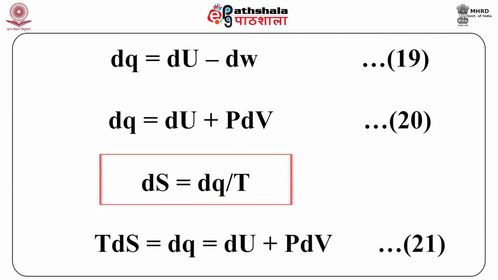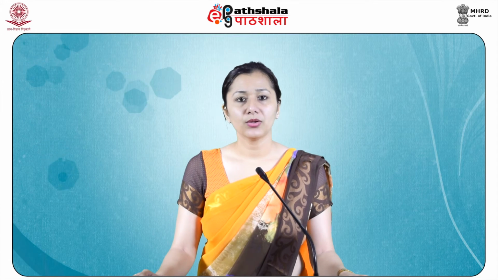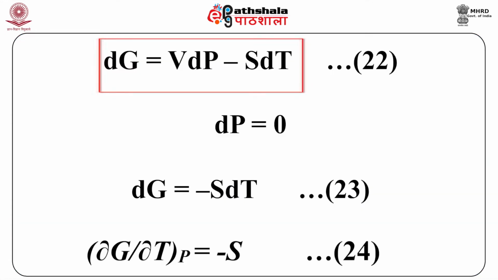Making use of the equation dS equals dq by T, or TdS is equal to dq, which is equal to dU plus PdV as our equation 21. Combining equation 18 and 21, we get dG equals VdP minus SdT as our equation 22.